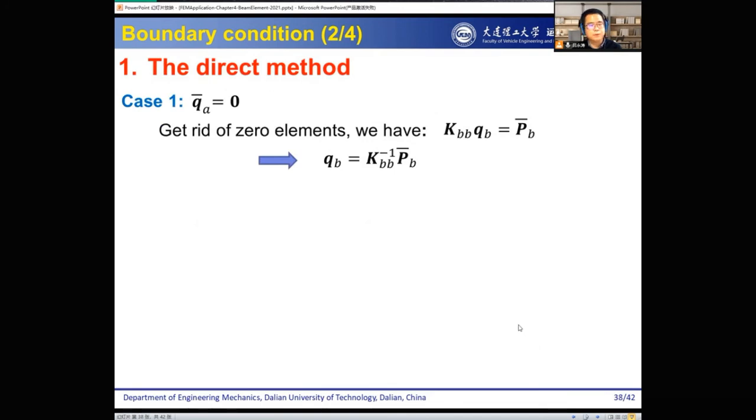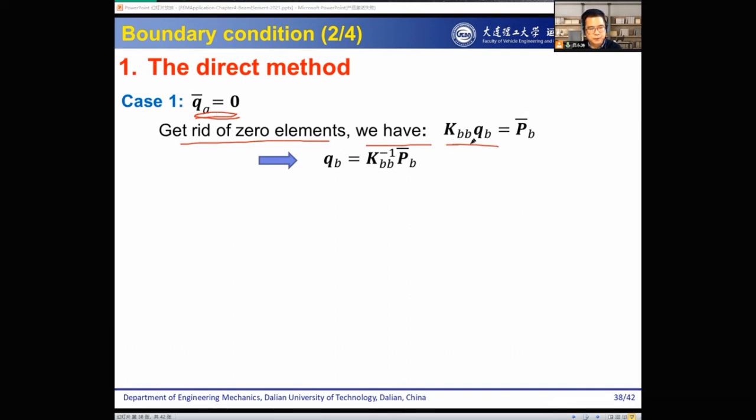So we introduce two methods. First is the direct method. So for example, if we know the displacement at a certain point is 0, we get rid of the 0 elements, and then we have those. So this is a direct method. So we use this condition in the stiffness matrix.